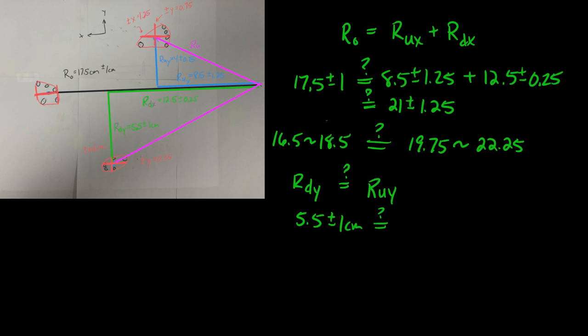Does it equal 4 plus or minus 0.75? Well, 5.5 plus or minus 1 goes from 4.5 to 6.5. And 4 plus or minus 0.75 goes from 3.25 to 4.75.